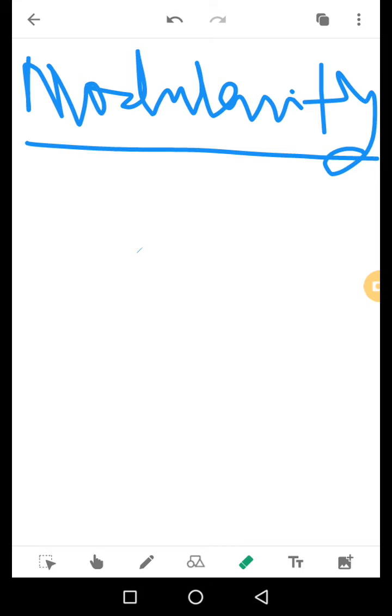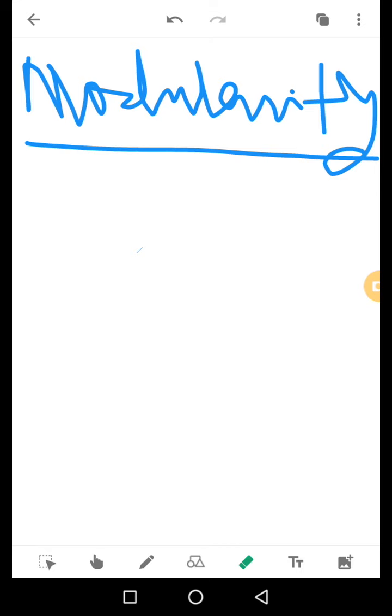We have considered programming languages that are used, that is, the programming languages that support module concepts.